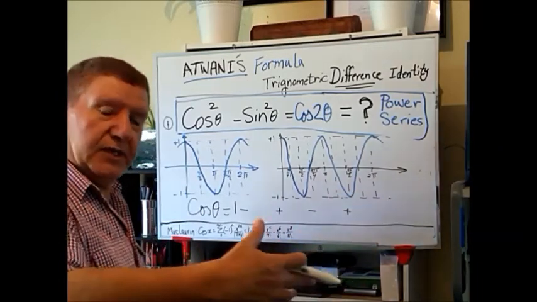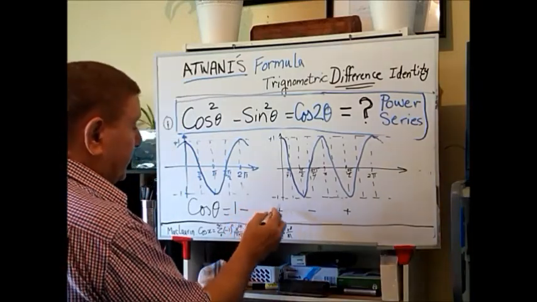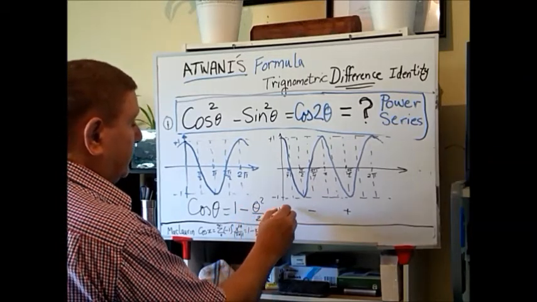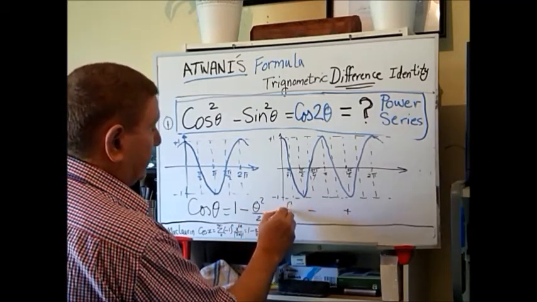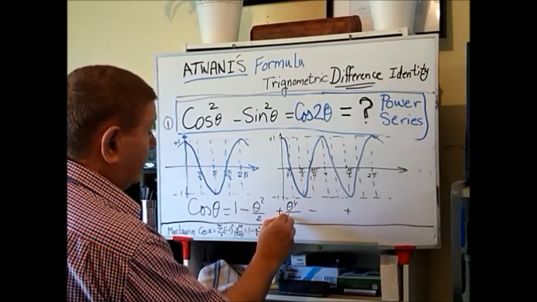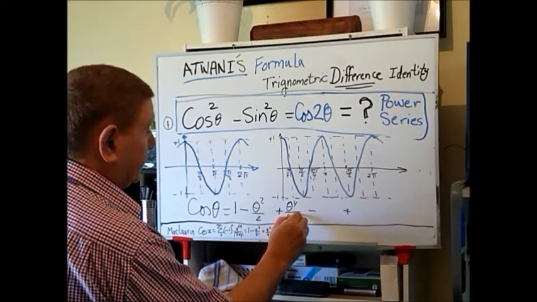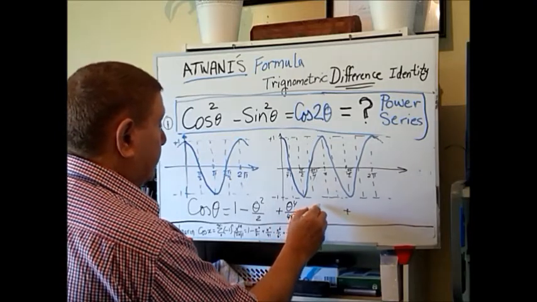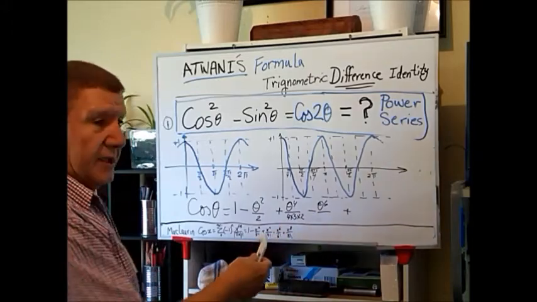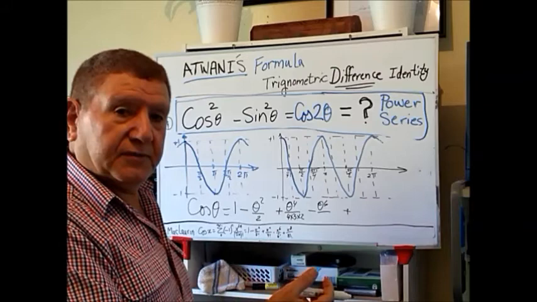That way of experimentation gave rise to theta squared over 2, theta 4 over 4 times 3 times 2, minus theta 6. Now we notice with these experiments that 4 times 3 times 2 is the factorial of 4.